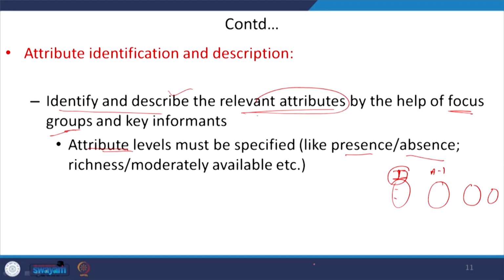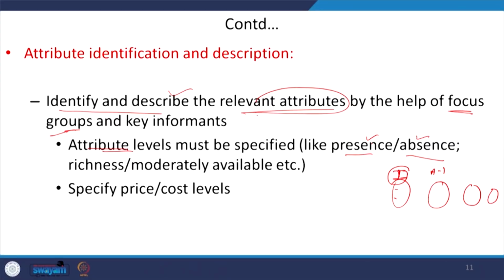And after identifying the attributes, we can also interpret not only in terms of presence and absence, but also talk about the richness or the moderate availability of these particular attributes. We can even use a Likert scale if it is permissible, or if the attributes are like that, we can label them. And after doing this, we can also specify the price or cost level.